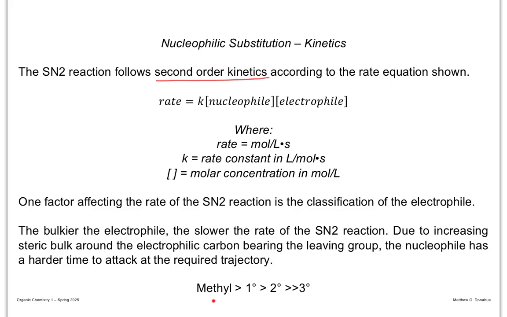So a methyl, say methyl chloride, methyl bromide, that's going to react much faster than, say, ethyl bromide, or say 2-methyl propane, or say a tertiary. So that would be a methyl bromide. That would react faster than ethyl bromide.